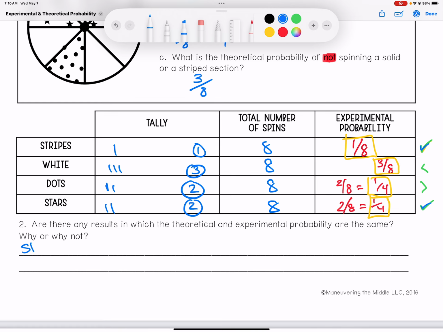So stars and stripes matched their theoretical probability.